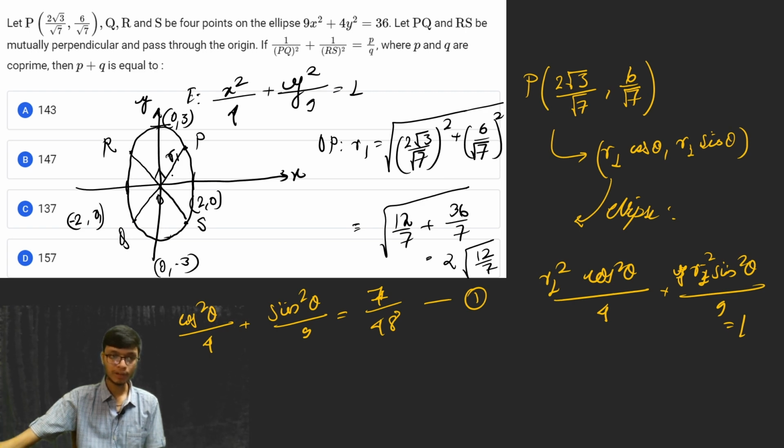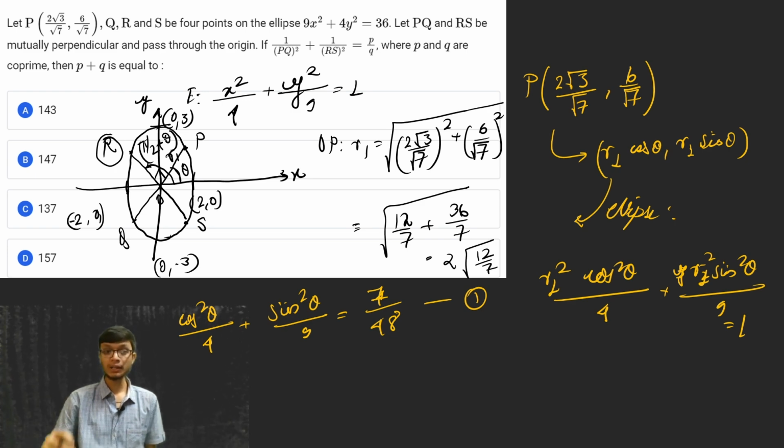If this is theta, the azimuthal angle that I am taking, then if I have to represent the same for the point R, this point R will have the azimuthal angle pi by 2 plus theta. I hope this particular discussion is clear. Now this is a very new concept that I'm trying to establish to all of your brain. Because whenever you are doing a question, you are not going to solve it every time by a set procedure. Instead, you can try this particular approach as well.